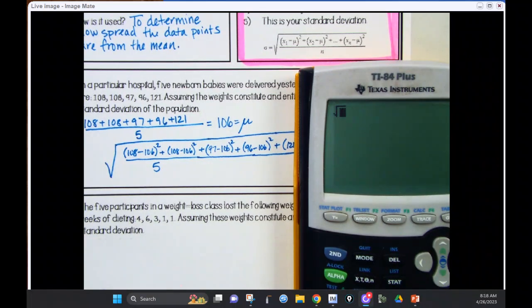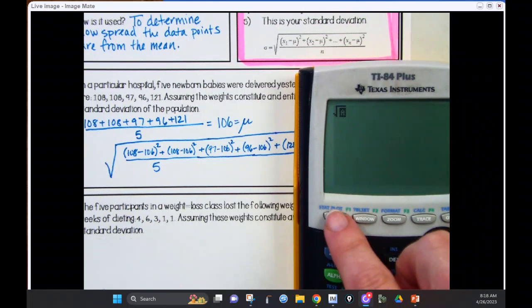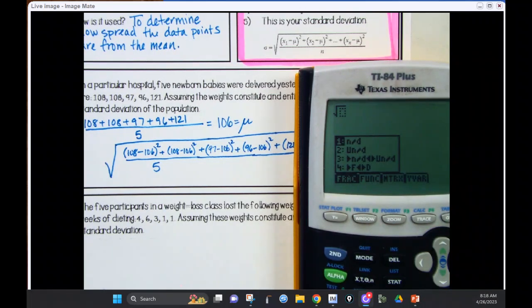And then I want a fraction. Do you remember how to get the fraction? Seems like we forget. Second square root is the one above x squared. Got it? Perfect. And then remember the fraction button is under alpha y equals. I'm going to hit number 1.